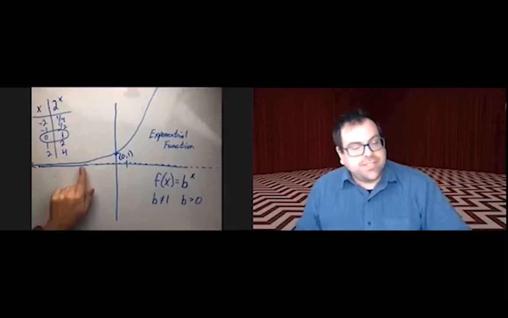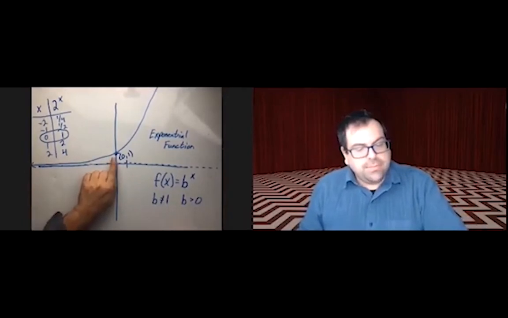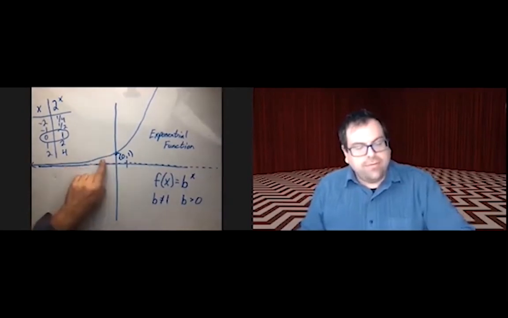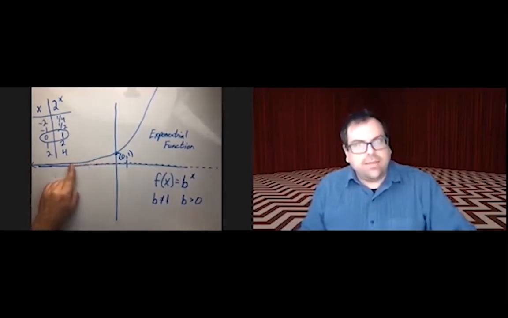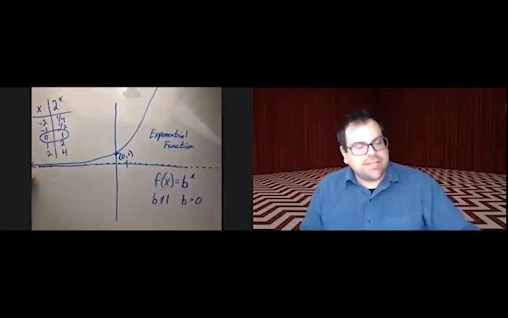So to the left of 0, the negative numbers, we keep getting smaller and smaller fractions: 1/2, 1/4, 1/8, 1/16, 1/32. They get smaller and smaller, but they never reach 0. That's why this is a horizontal asymptote.